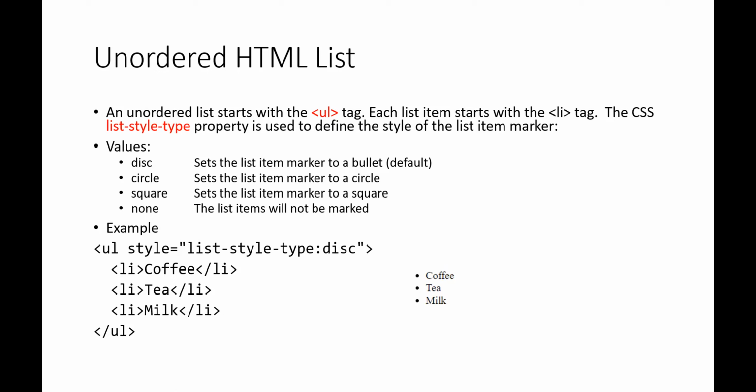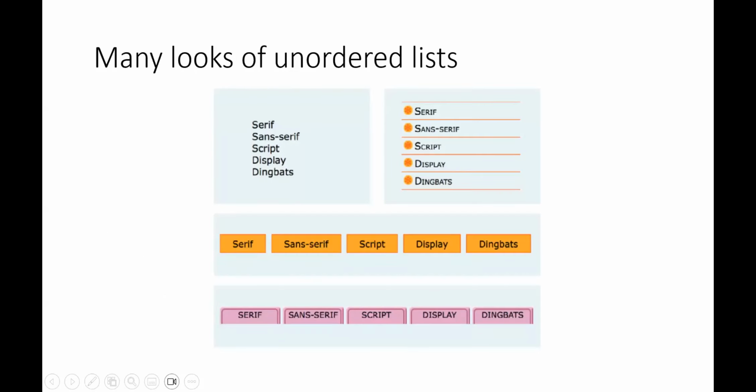Start with UL and end with UL, and each item we represent using LI, which is list item. You can change the style type we use. These are default values, but later in the course we will see you can create many variations using the same unordered list.